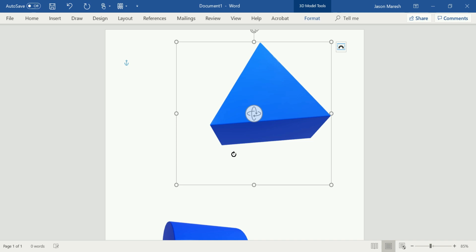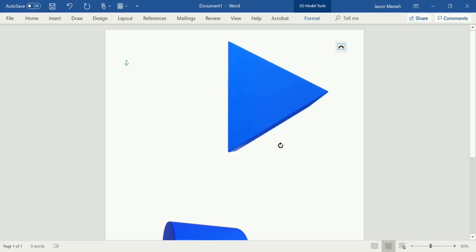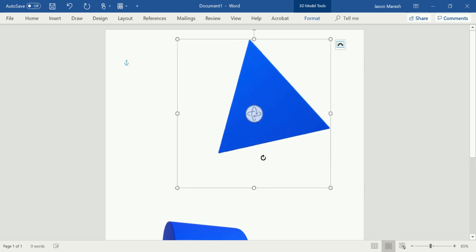Here's what you want to do: think of the base as the bottom of this object. And the bottom could be anywhere. It doesn't have to be, bottom can be turned any which direction. But think of the base as the bottom of this object. The bottom and the top have to match, have to be the same shape.